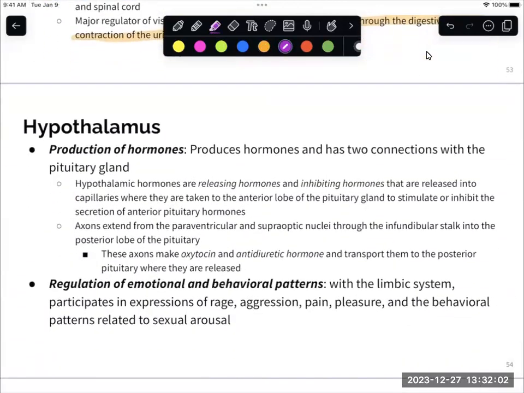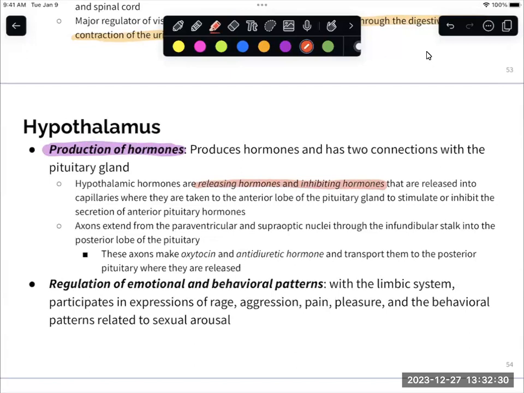Hypothalamus produces hormones. Not only does it help to maintain homeostasis, it's the main function of the endocrine system. The hypothalamus is going to send out either releasing hormones or inhibiting hormones.